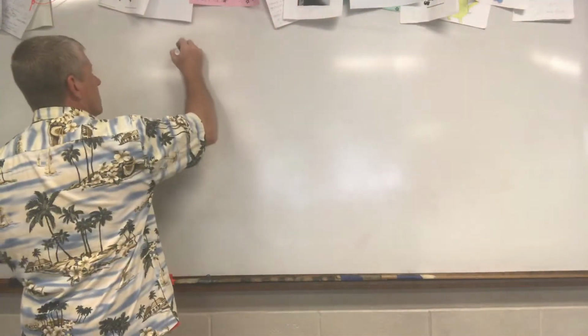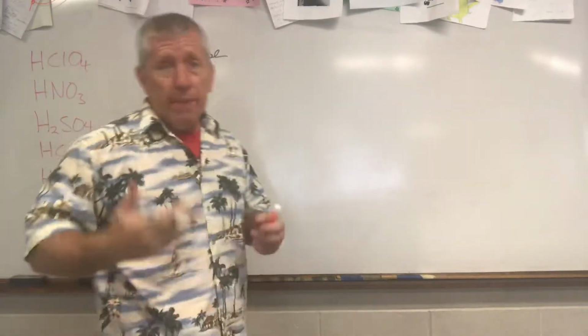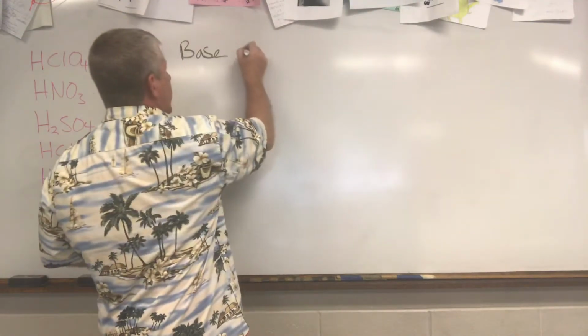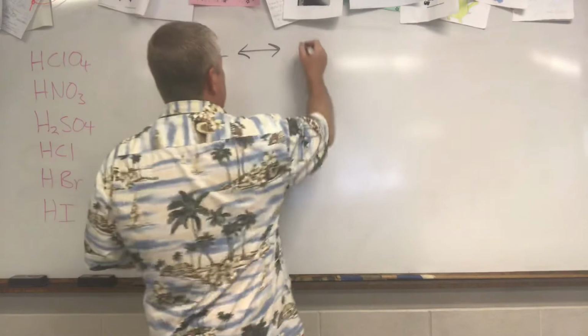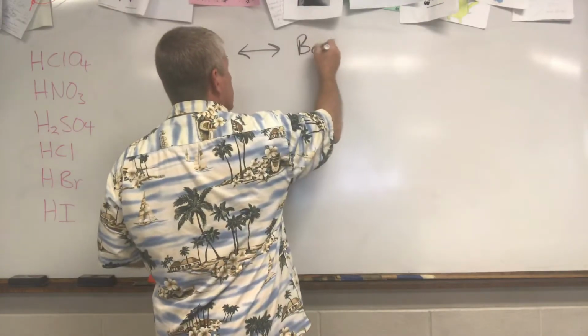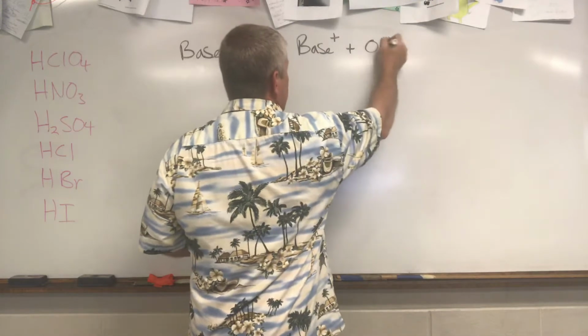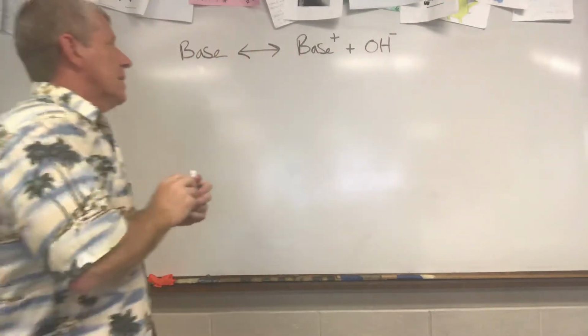I would write it like this: base. We don't know what it is, but it doesn't matter. It'll be fine. Trust me. It's weak, so I have to put arrows both directions, and then it becomes base positive plus hydroxide negative. We're going to have hydroxide floating around somewhere.